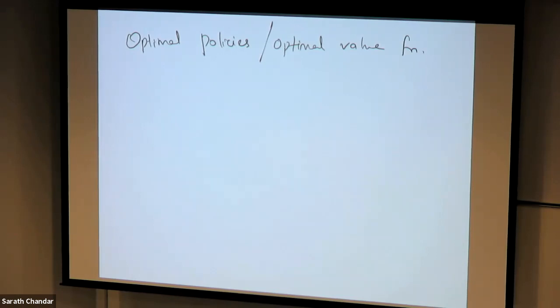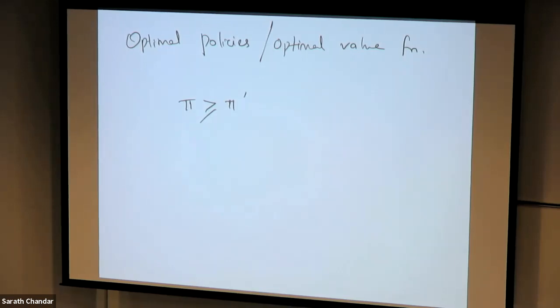Now, to say this is an optimal policy, we need a way to compare policies. Let's say I give you two policies, pi and pi dash. Can someone tell me when is pi greater than or equal to pi dash? When can you say that policy pi is better than some other policy pi dash? When you get high reward by using a policy.